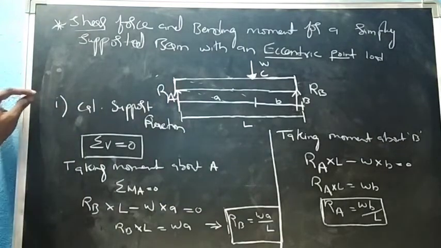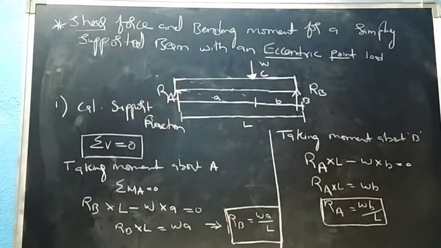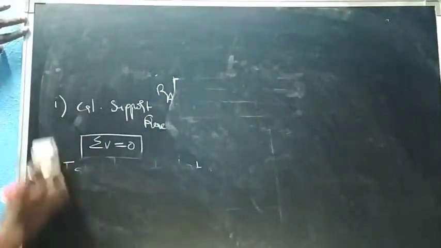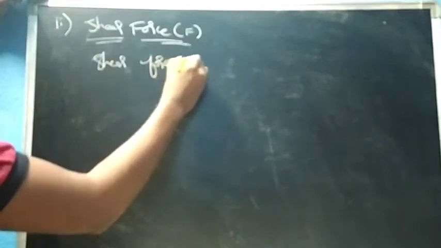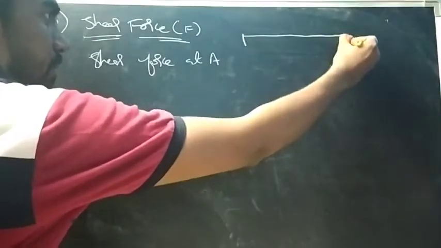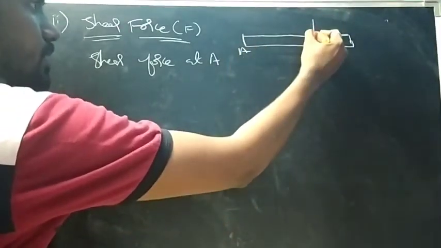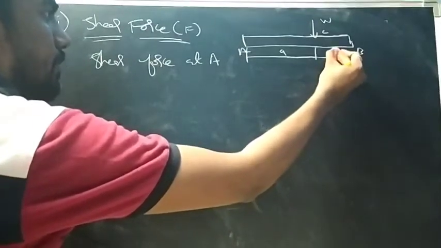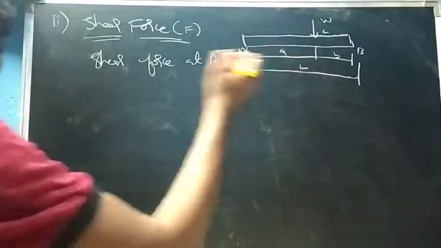The next step, step number 2, is to find the shear force, denoted by F. Here is the beam, A, the eccentric load W at C, and B, with lengths small a and small b, and the total length L. Clear?